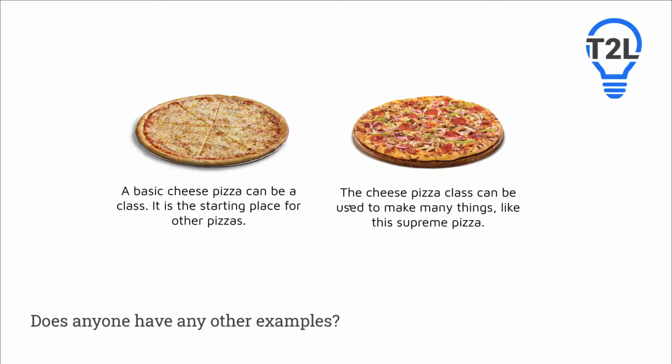You can just say, I want a cheese pizza plus these toppings. You see how I'm talking about that? We're taking something that we've created before and we're just adding on to it or modifying slightly. And this greatly reduces the amount of code you have and makes your code more uniform and easy to read.